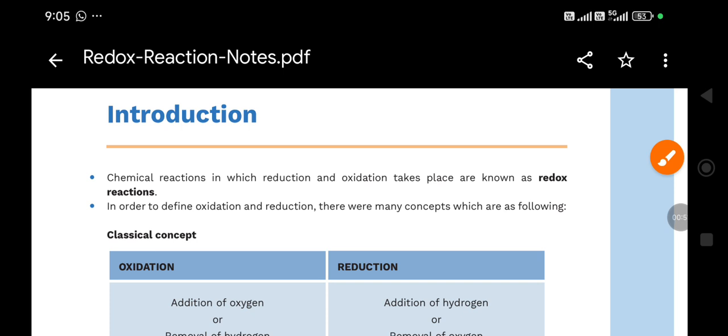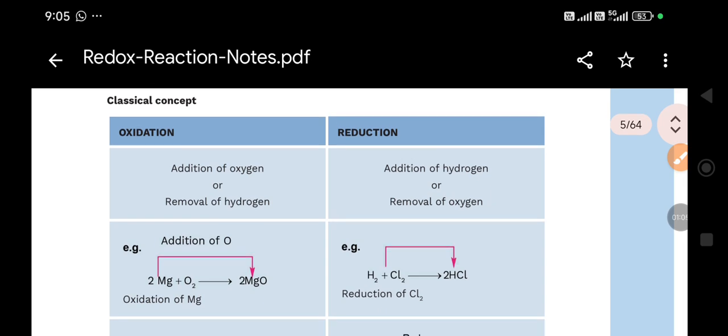There are many concepts to understand redox reaction. First of all, we will start from the classical concept. The first concept, the classical concept, is based on oxygen or hydrogen. Both concepts are equally accepted, but this is the classical concept.